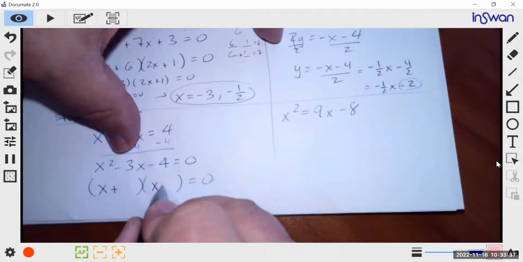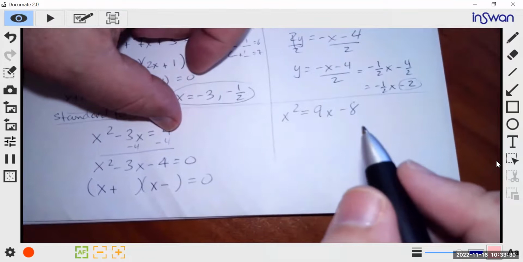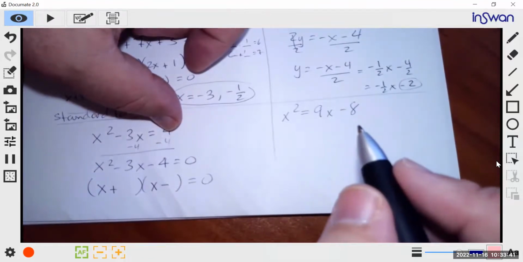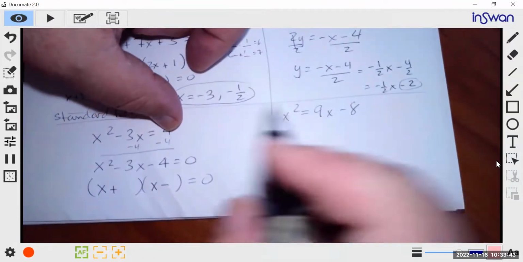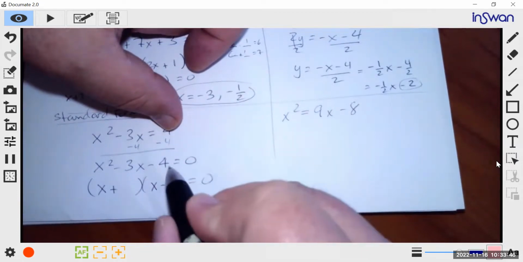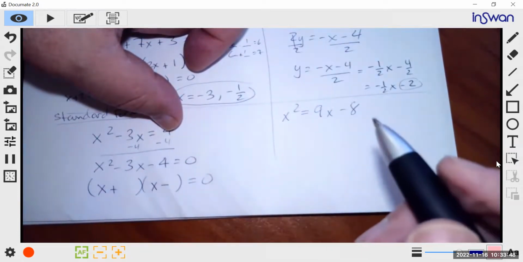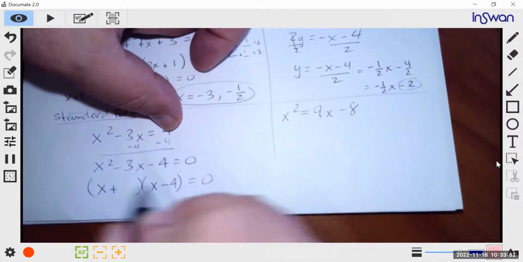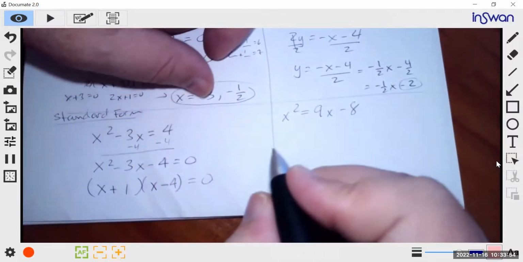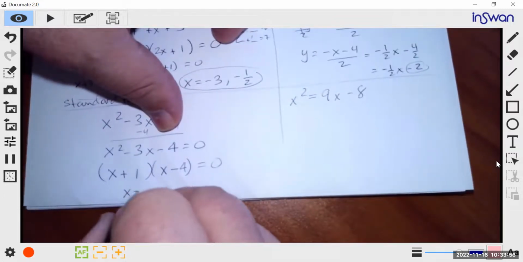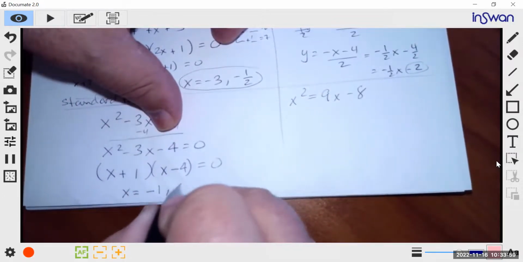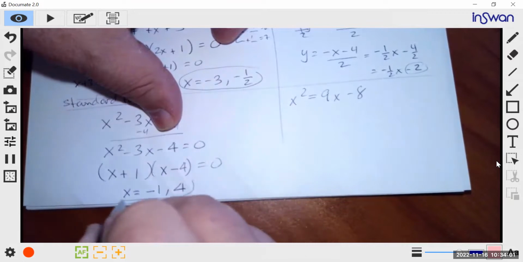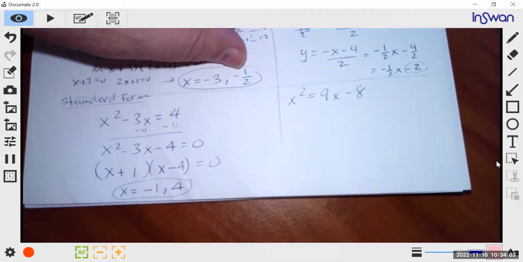Opposite signs, very good. What times what is 4 when you subtract them, you get 3? 4 times 1, and 4 gets a negative, very good. So your answers are negative 1 and 4.